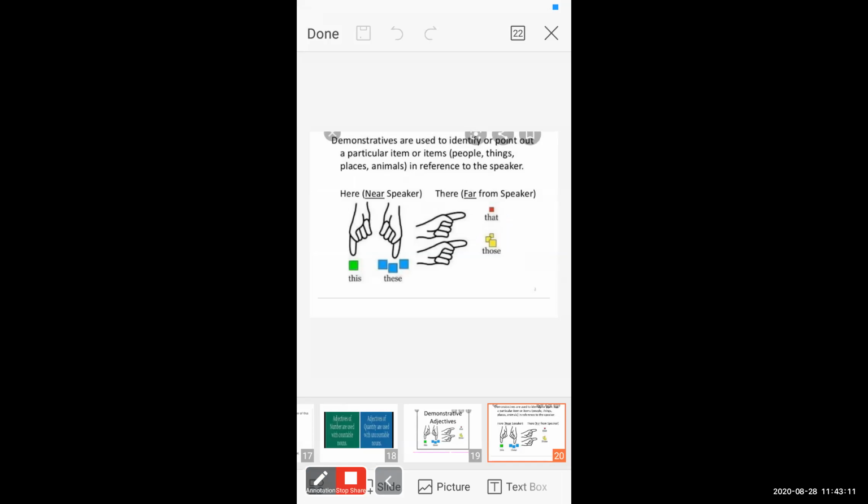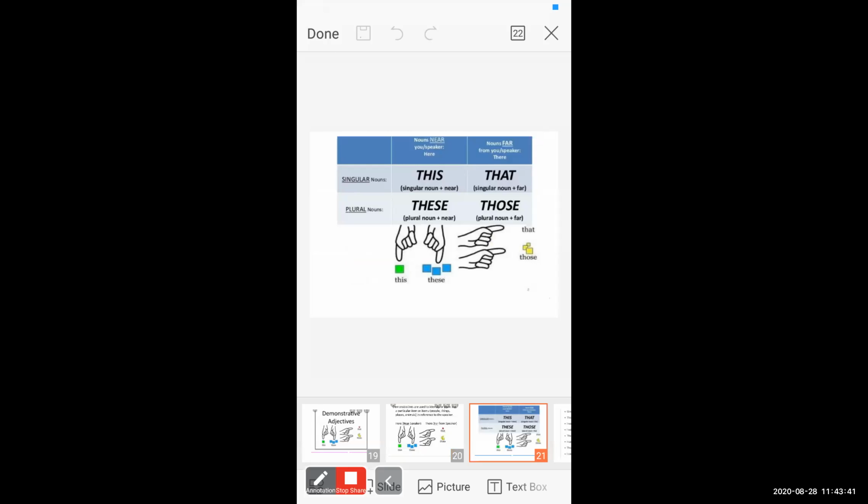When the speaker has to point out the noun and is using such words, this and these are used when the noun is near to the speaker. And when it's far, at that time you use that and those.